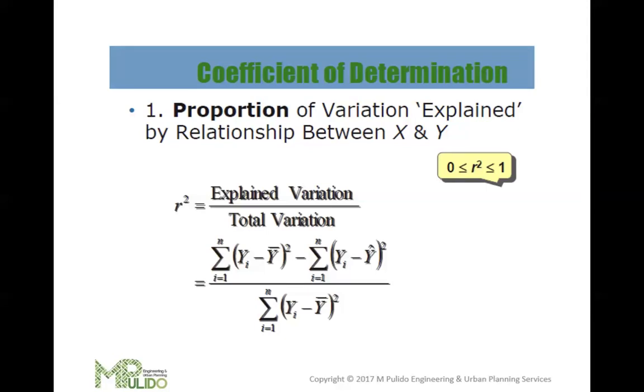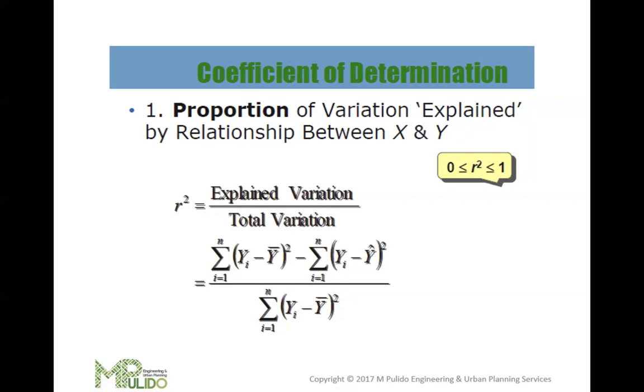R square equals summation of (y prime minus y bar) squared over summation of (yi minus y bar) squared. I forget that. Please give me till tomorrow to give how we should pronounce or term these y's here.